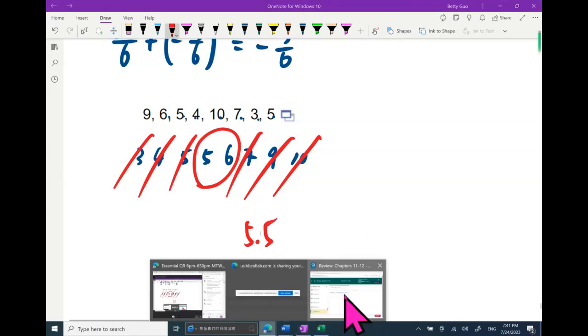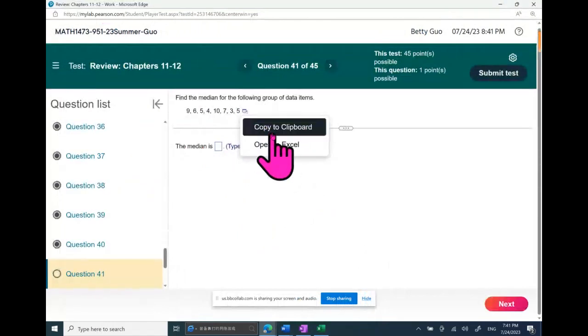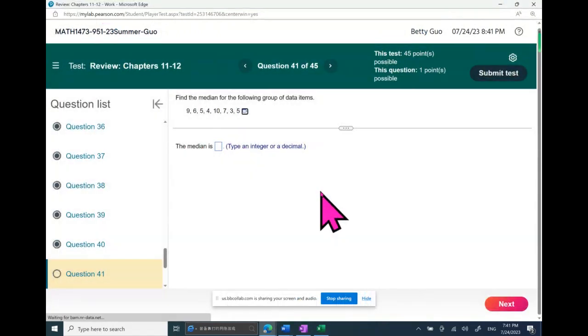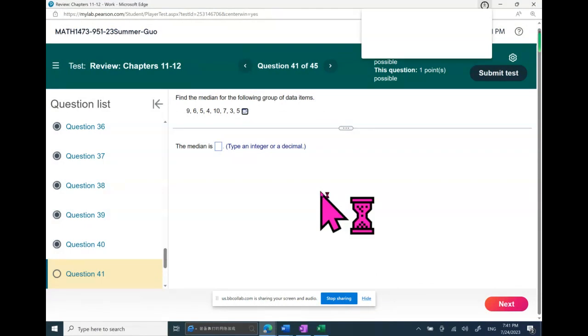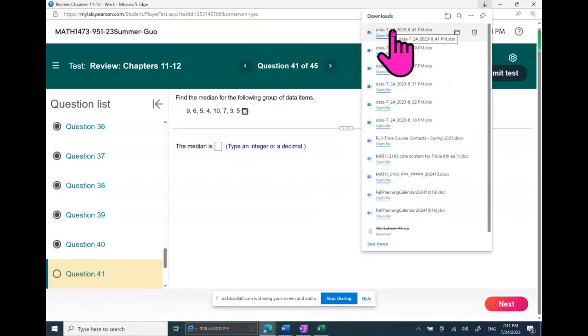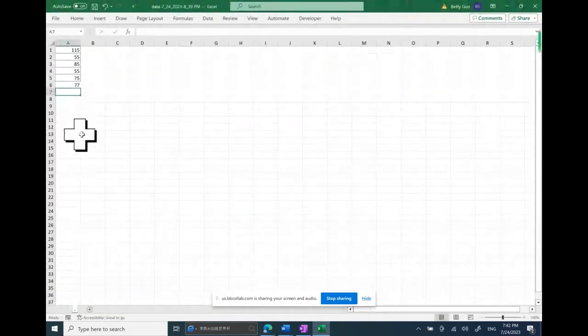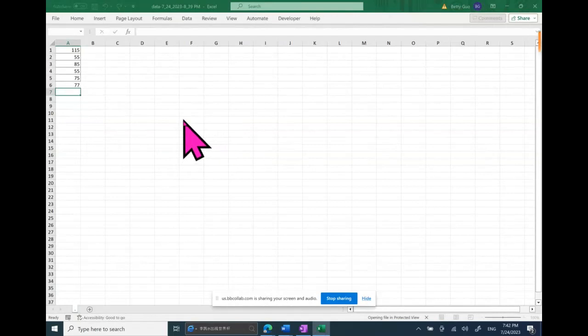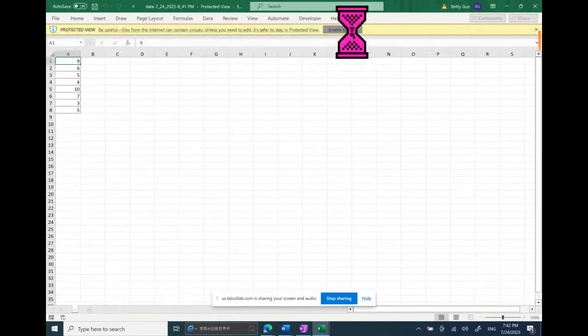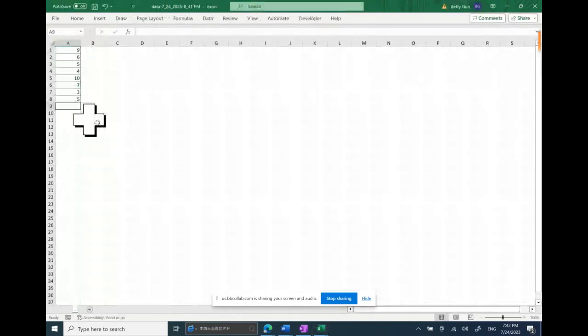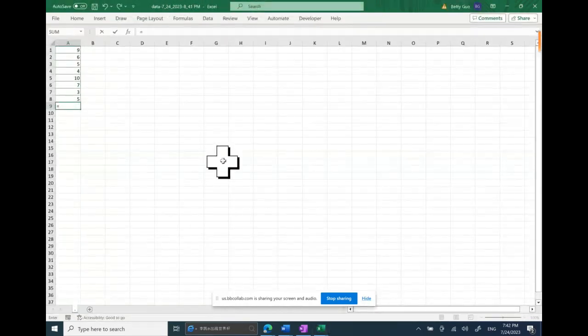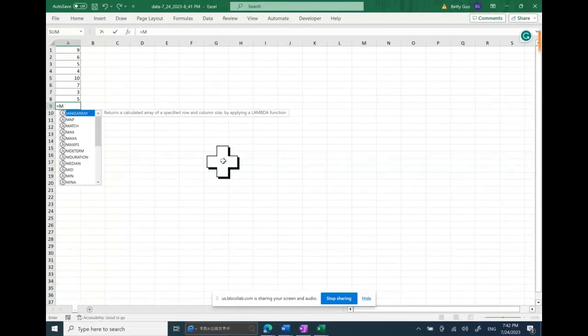Yeah, if we use the Excel, and enter equal median. We see that DIN, right?